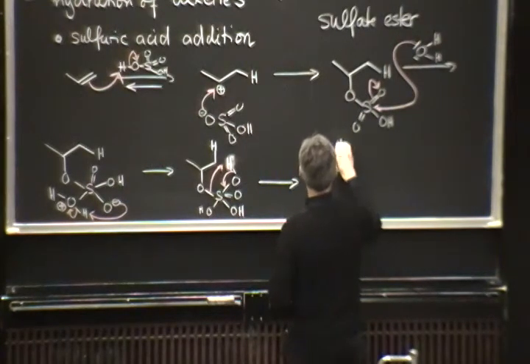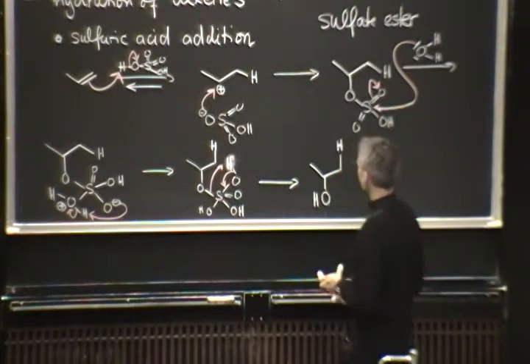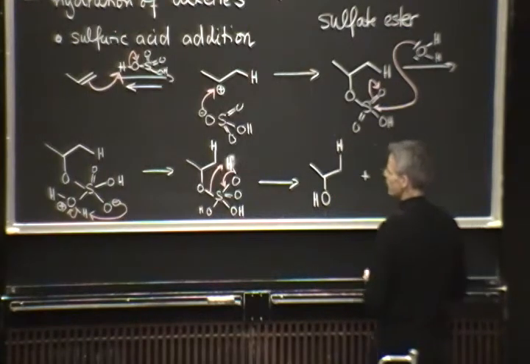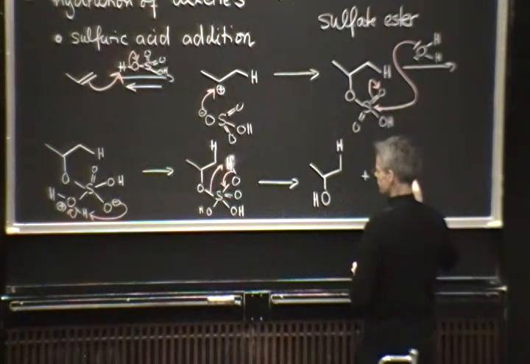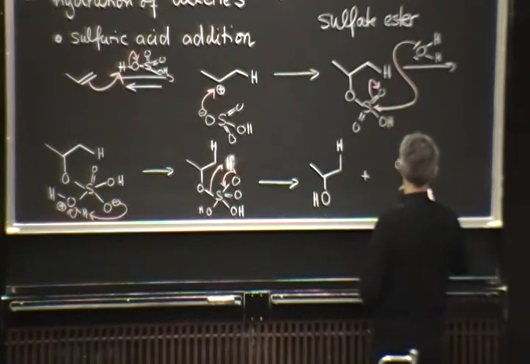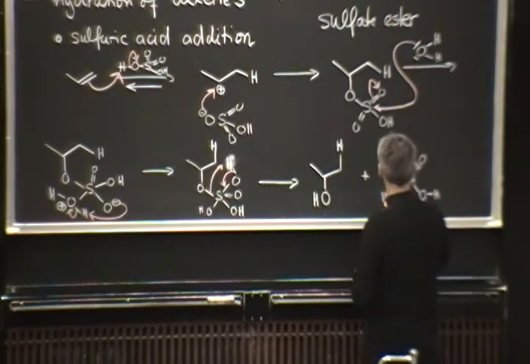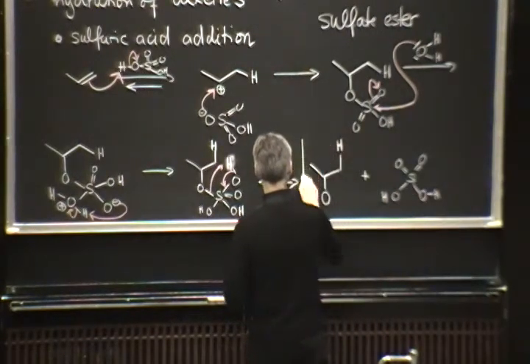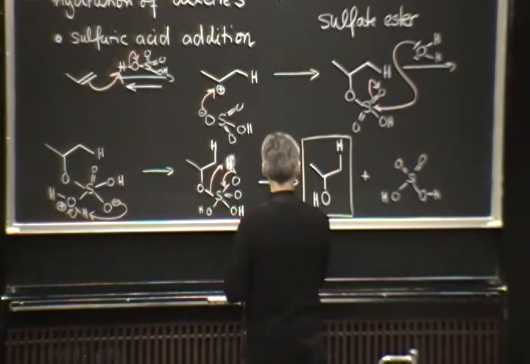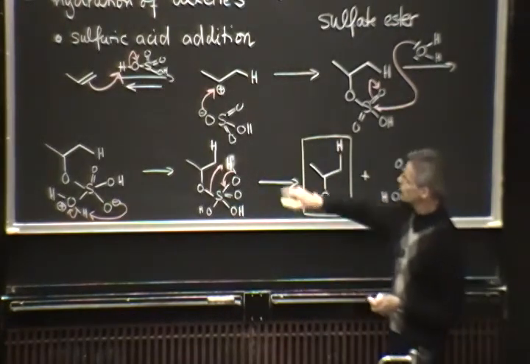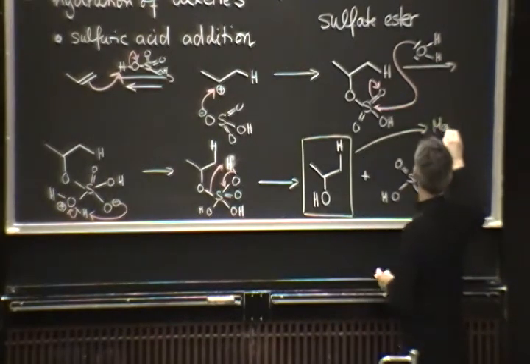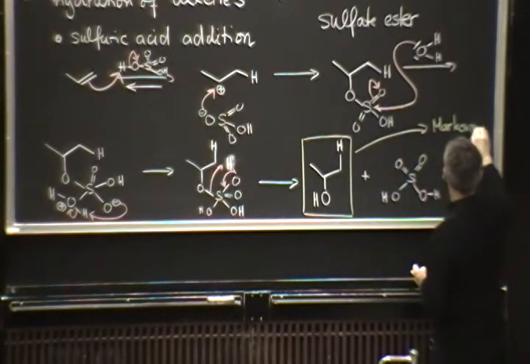That gives me the product of this reaction, which is the alcohol, plus I get my sulfuric acid back. And again, our product here is the Markovnikov product, because we're dealing with a carbocation intermediate, formation of the more stable secondary carbocation. So this is the Markovnikov selectivity.